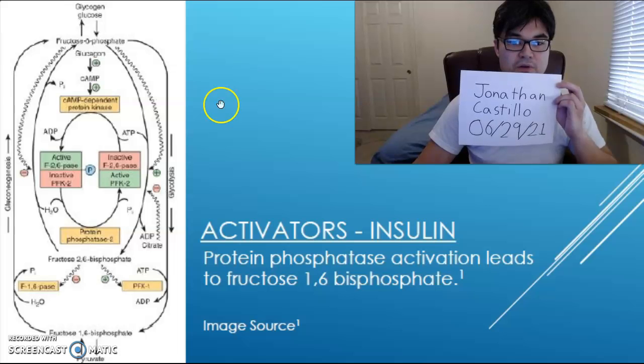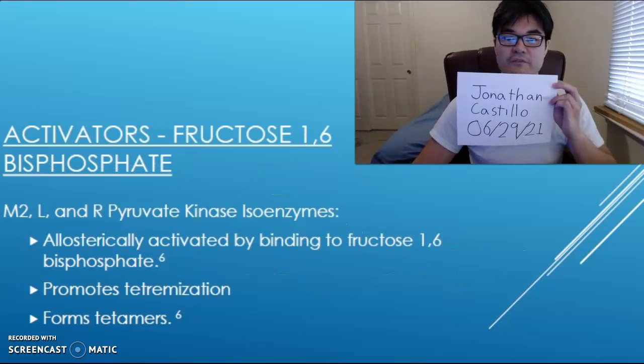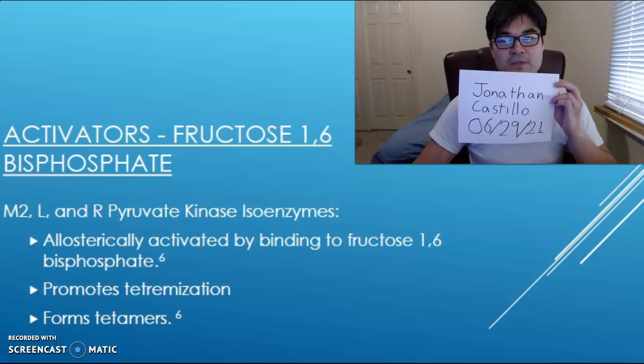Fructose 2,6 bisphosphate helps to activate the enzyme phosphofructokinase 1, which phosphorylates fructose 6-phosphate into fructose 1,6 bisphosphate. And it's fructose 1,6 bisphosphate that is the primary activator of pyruvic kinase in most of the isoenzymes.